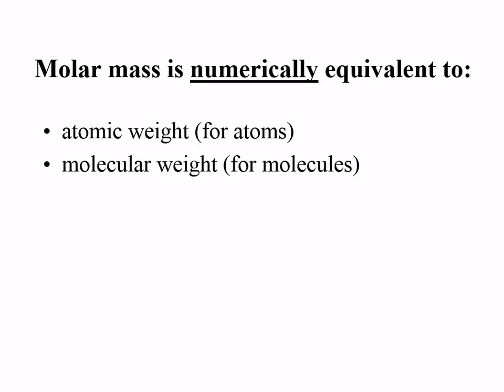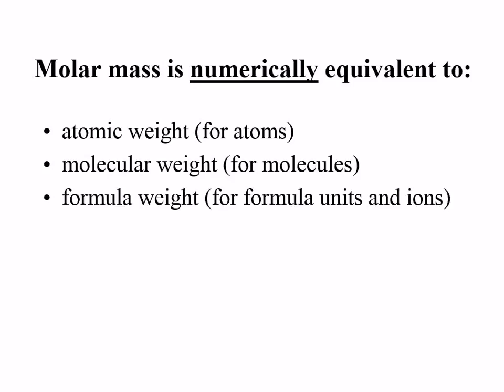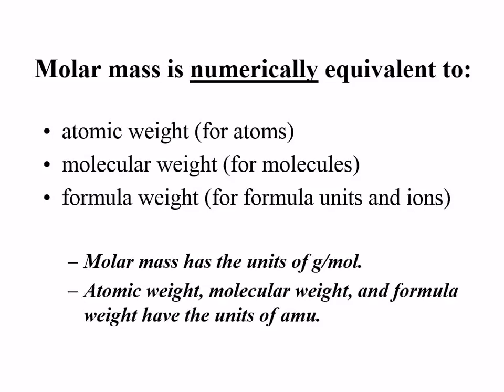Molar mass for molecular compounds is the molecular weight, but instead of units of AMUs, it's grams per mole. Molar mass for ionic compounds is that formula weight, so it's numerically equivalent, but instead of AMUs, it's grams per mole for that compound. Very good.